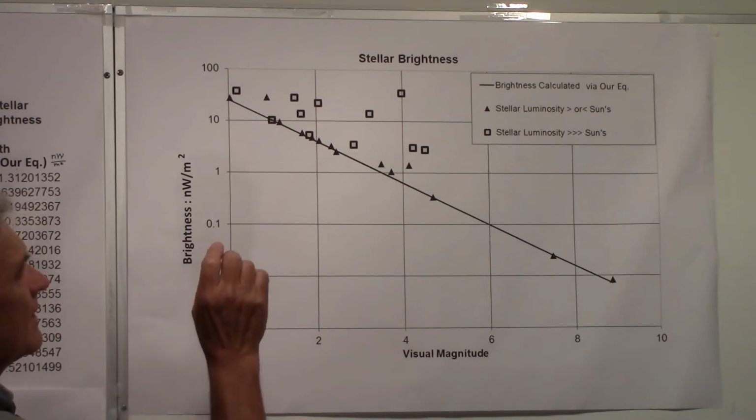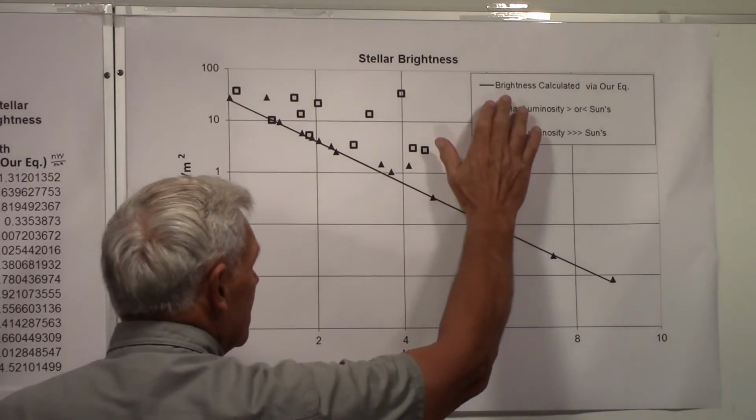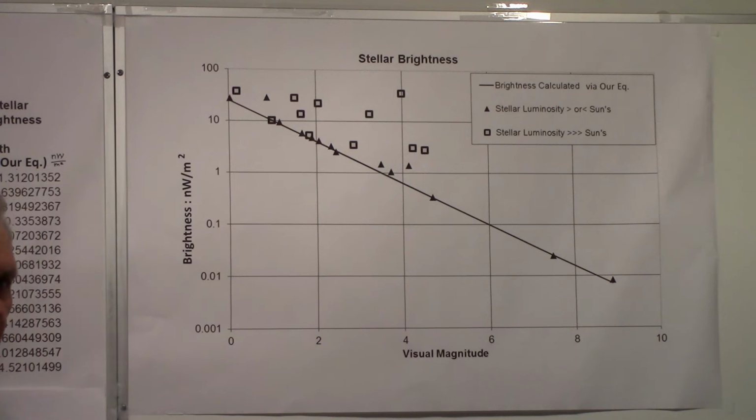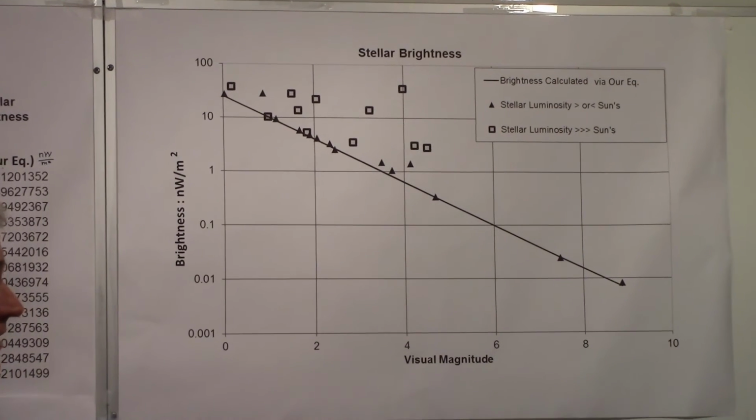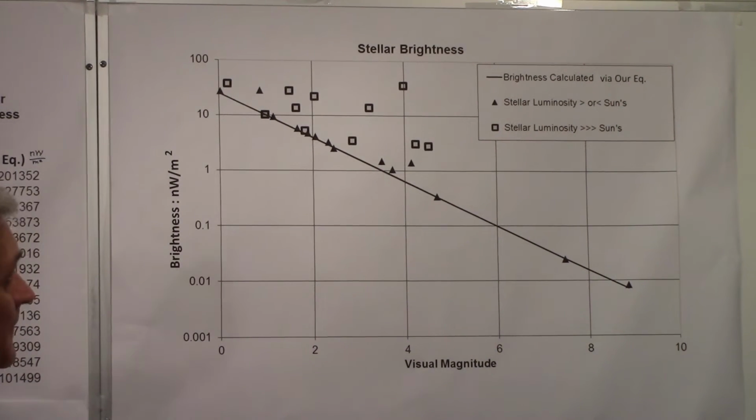So again, in coming up with the equation, I used the solar constant and I used the magnitude of the sun that we see from Earth, that very large negative number.